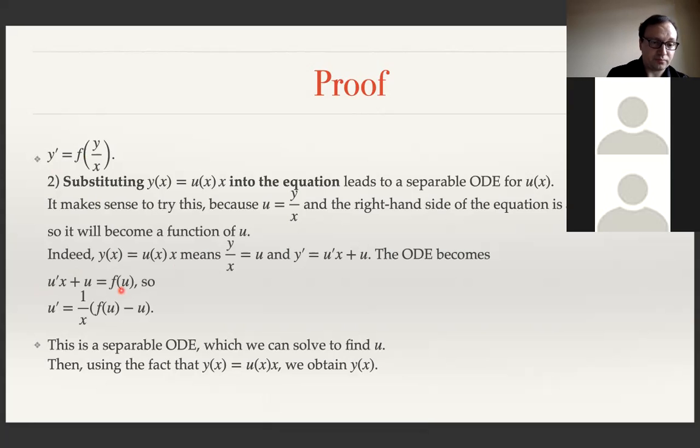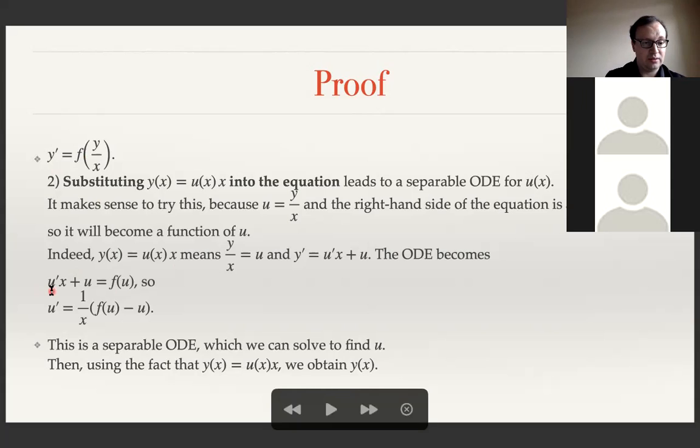So now let's solve this for u prime algebraically, and this is a linear equation in u prime. We subtract u from both sides, and we get that u prime x is equal to f of u minus u, and then we divide both sides by x, and we get that u prime is equal to 1 over x times f of u minus u.